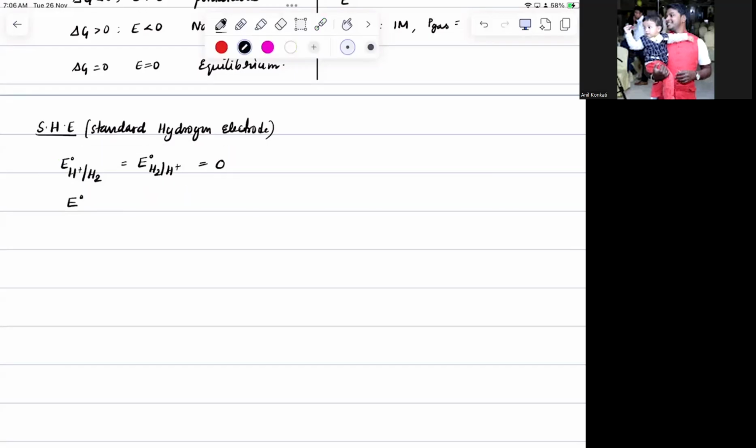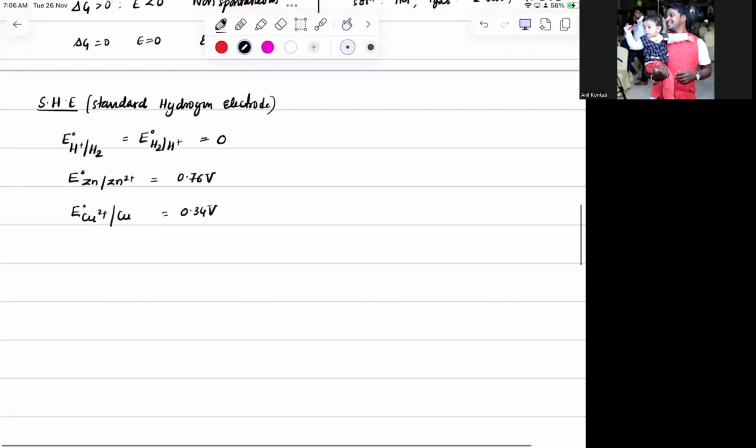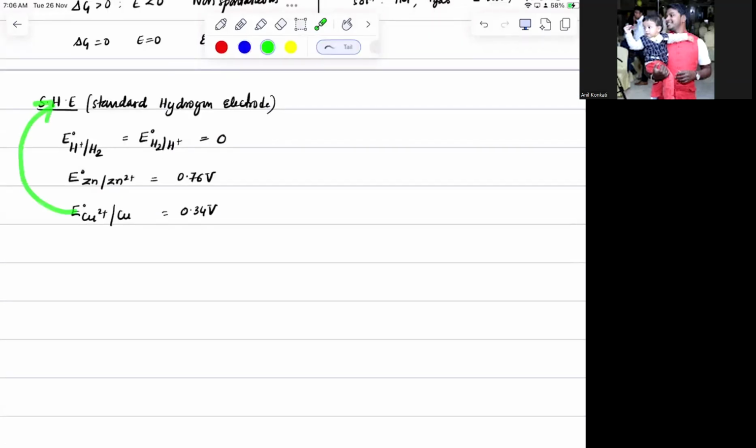For example, E naught of zinc to Zn2+, which is the oxidation potential, has been found to be 0.76 volts, which means if I connect a hydrogen electrode with a zinc electrode, zinc has the tendency to get oxidized. While Cu2+ to Cu is found to be 0.34 volts, which means copper, if connected with the standard hydrogen electrode, will get reduced, and hydrogen will get oxidized.